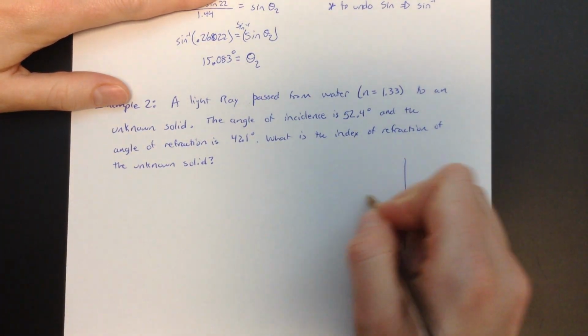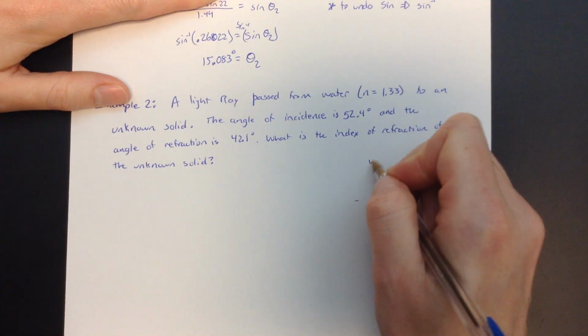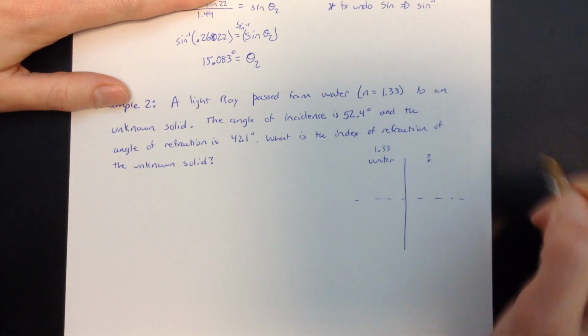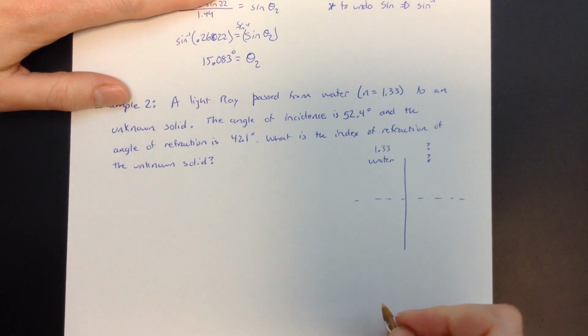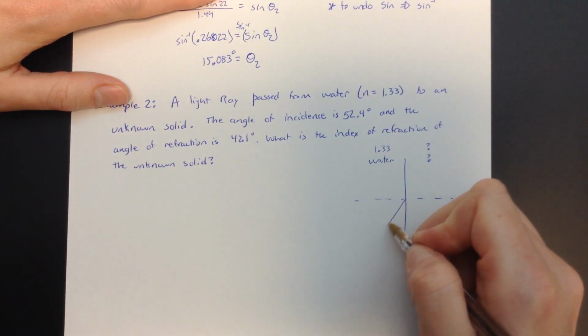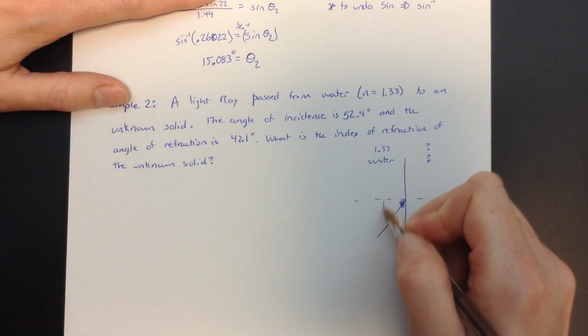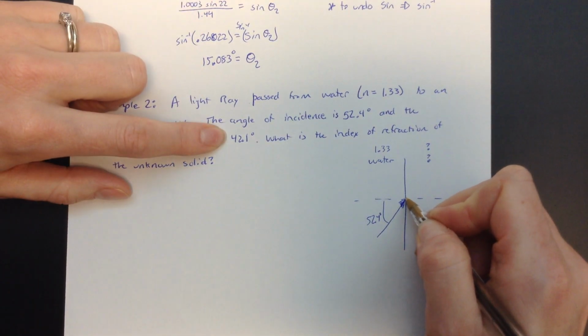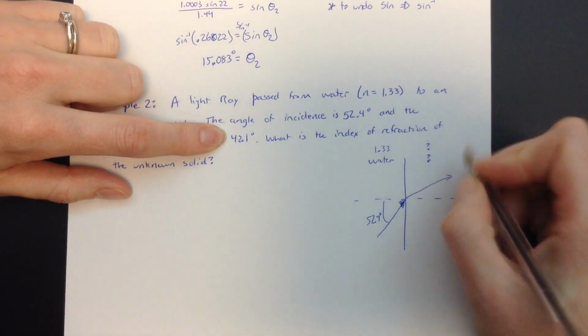So here's what I've got going on here. I know this is water and it's got a 1.33, and this is a question mark, and I don't know what the index of refraction is, but I know that it's coming in at 52.4, and when it comes out, it's a little bit closer to the normal.